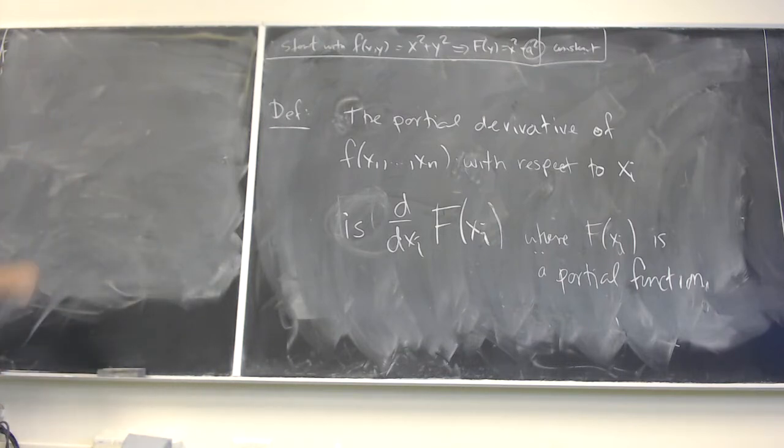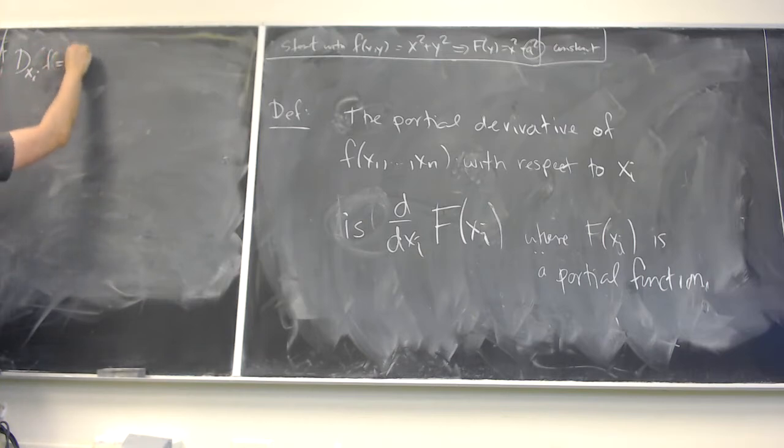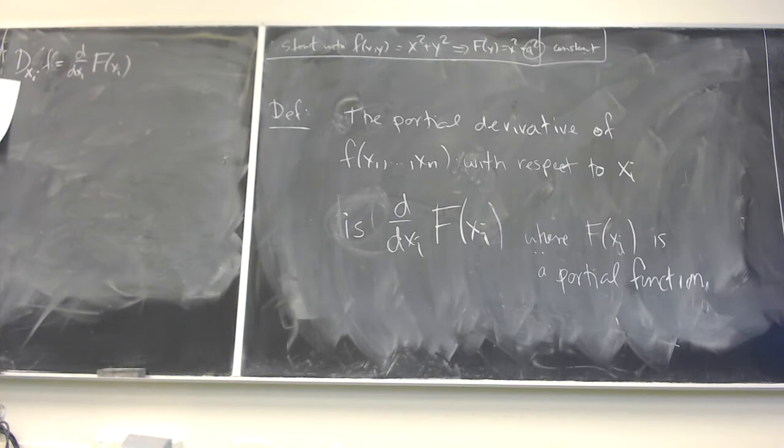It's common to write D_xi of f is equal to d by dxi of f(xi). So that's one way of writing it, with a big capital D and a lowercase letter telling you which variable you're taking the derivative with respect to. You may remember from earlier classes, partial with respect to xi of f, that means the same thing.